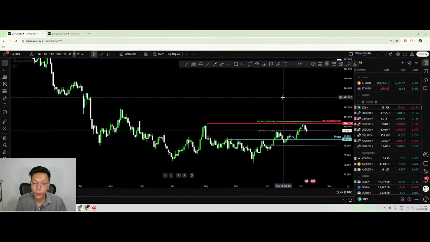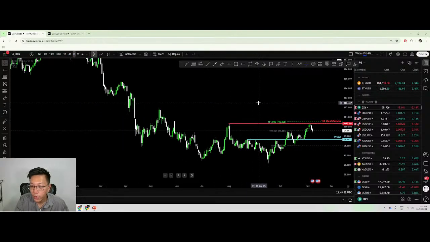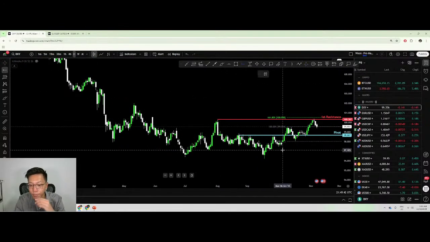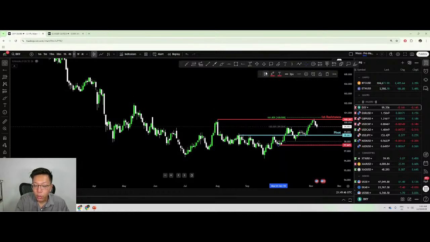So we have our first resistance level, which aligns with the 161.8% Fibo extension level, and we shall use this as our level to reference from. Then for our first support, I will place this at my first support area.